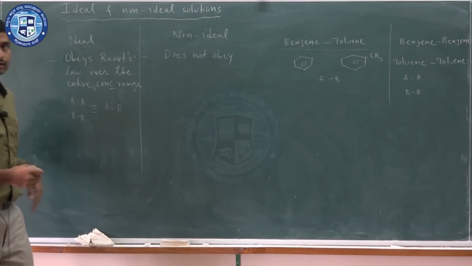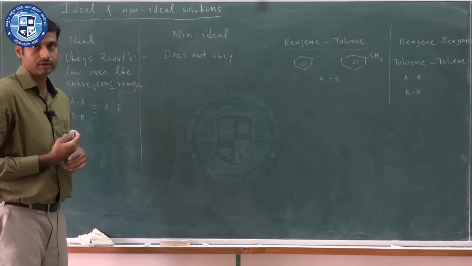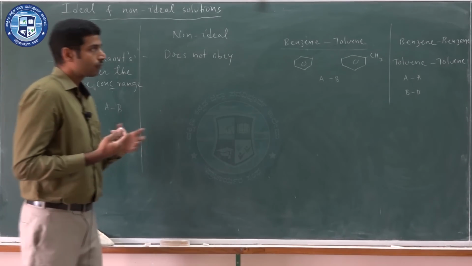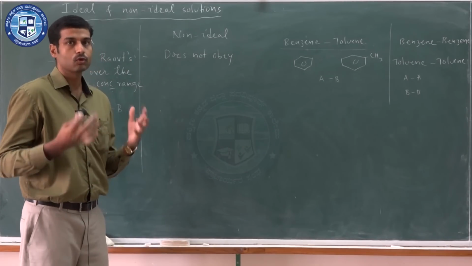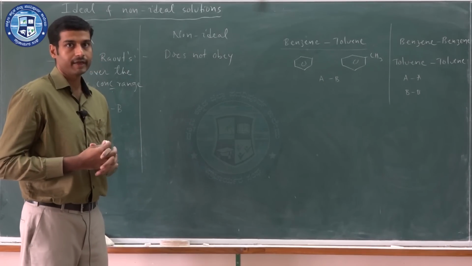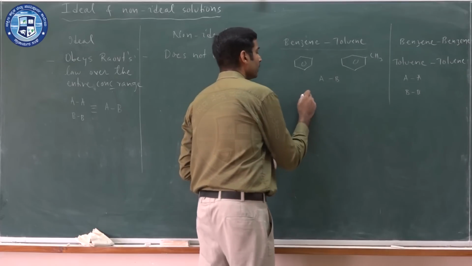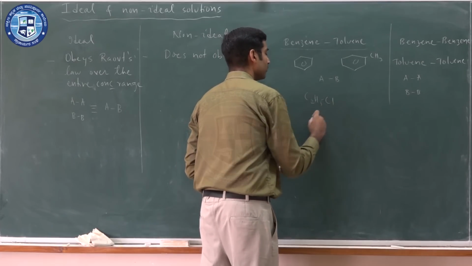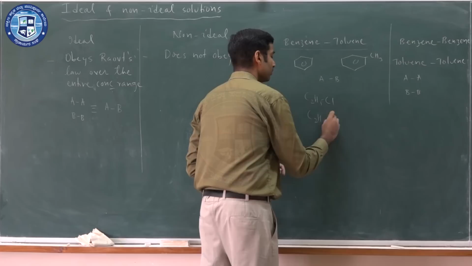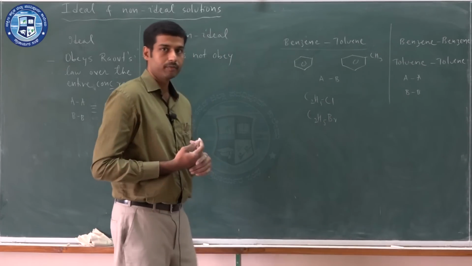Now, this situation will not be there in most of the liquid mixtures. I have an example in benzene and toluene which exhibits close to ideal behavior. Some other examples I might have, say, chloroethane and bromoethane. So, this mixture will be almost close to ideal behavior.